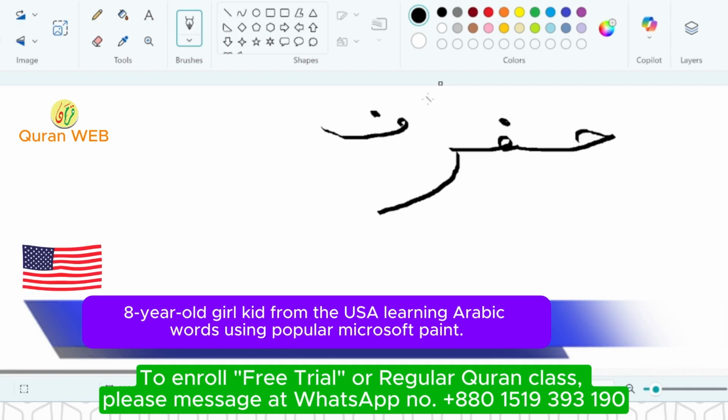Fa. Right. So the first part of the Fa is exactly this one along with the dot, right? Yes. So what will this one be? Fa. Right. So now say together. Ha Fa Ro. Mashallah.